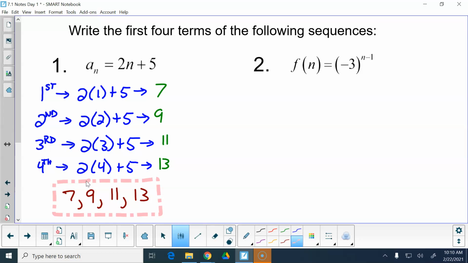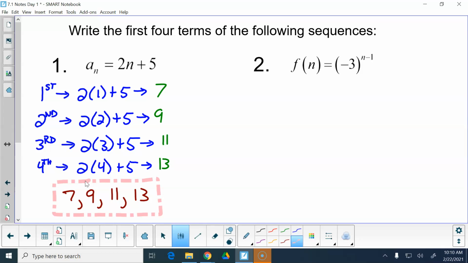Otherwise, it's just 4 random numbers, not necessarily with an order to it. Sequences have order: first term, second term, third term, fourth term, fifth term, and so on. They have a specific order because that follows the rule, that follows the pattern.